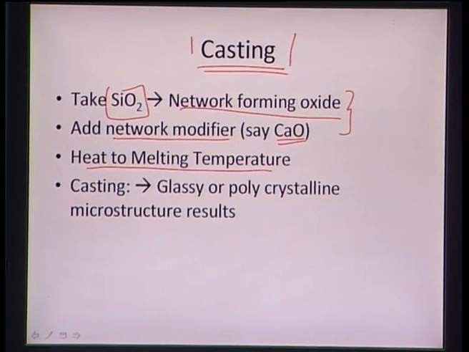So in this particular case we are heating them to melt temperature, so we get a kind of homogeneous mixture, which can be one liquid or two liquids depending on the range we are in, and it will form a combination of SiO2 plus calcium oxide, and it will form certain liquid, and we can cast it to form a glassy or polycrystalline microstructure. So depending upon how we are casting it, we can produce either a totally amorphous structure which is totally glassy in nature, or we can also induce some crystallinity to it by allowing certain nuclei to initiate before it really solidifies.